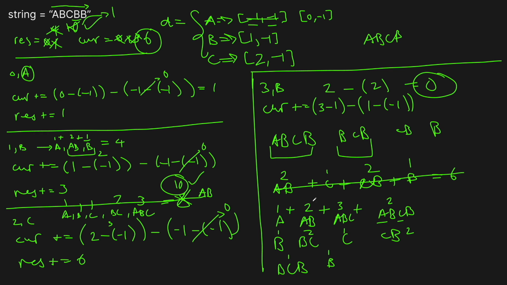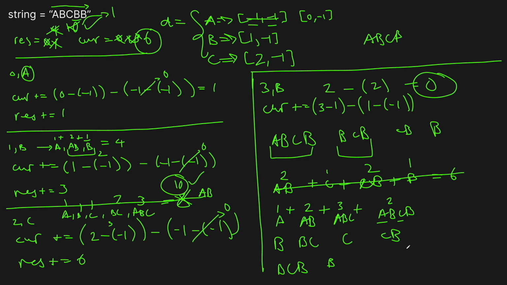So 1 plus 2, 3, plus 3, 6, plus 2, 8, plus 1, 9, plus 2, 11, plus 1, 12, plus 2, 14, and then plus 1 equals 16. So we are still okay because our result is, as we saw, we added current, our 6 to 10. So we are still on track because our result is right.